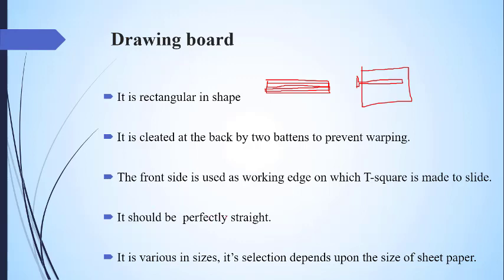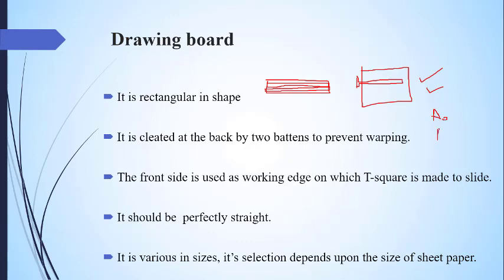It should be perfectly straight. It is clear that it should be kept straight to draw any drawing easily. It varies in size. Its selection depends upon the size of the sheet paper. The sizes might vary, and it depends upon the paper size. For example, if you want to use a zero sheet, which drawing board will you prefer?